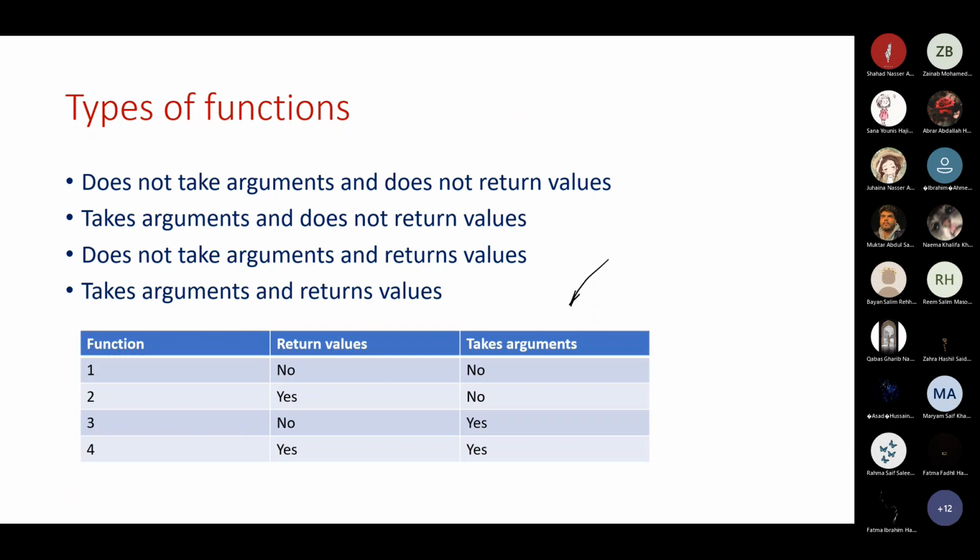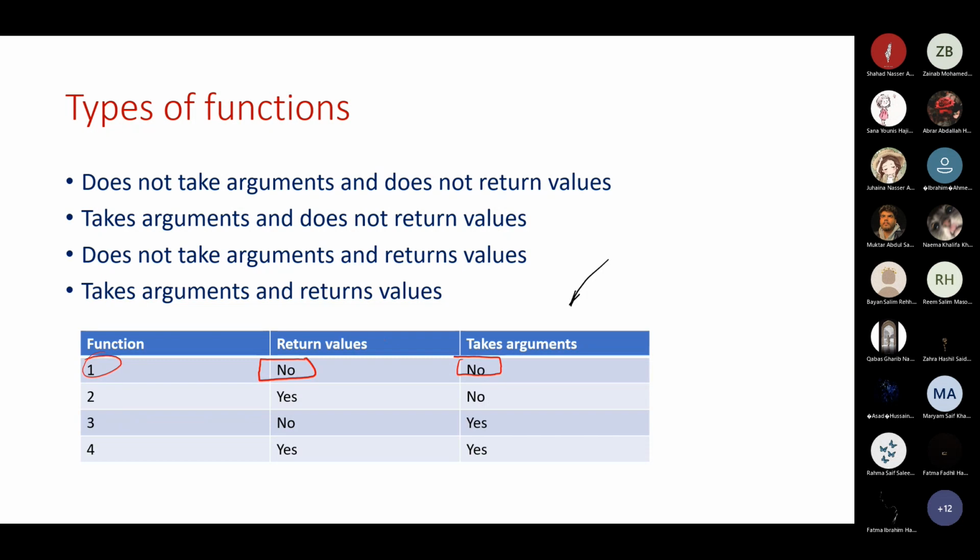Okay. Now the types of functions. There are 4 types of functions that are available. The first type does not return any values and does not take arguments. Like if I ask you, for example, to write a program that says hello when it's called. That's it.